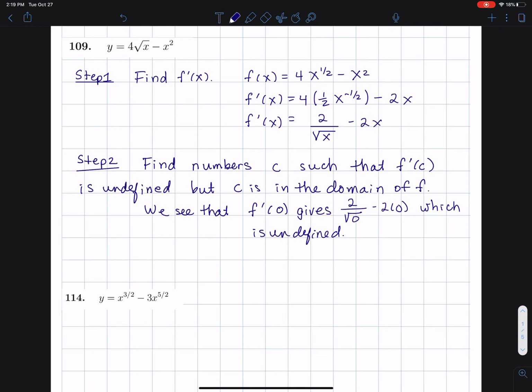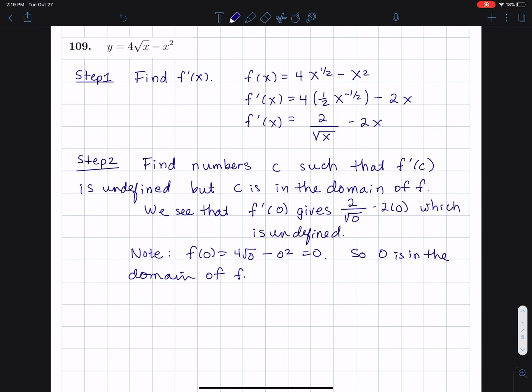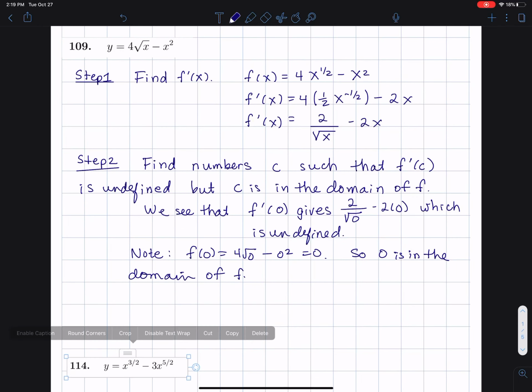But note, f of 0 is equal to 4 square root of 0 minus 0 squared equals 0. So 0 is in the domain of f. It seems like a whole lot. Just look, you can't divide by 0, right?